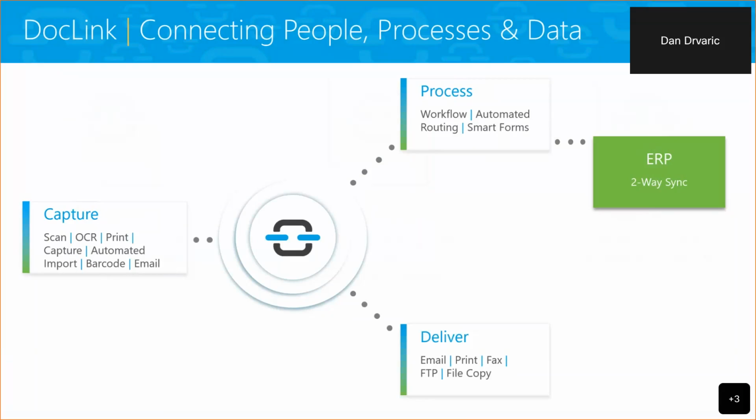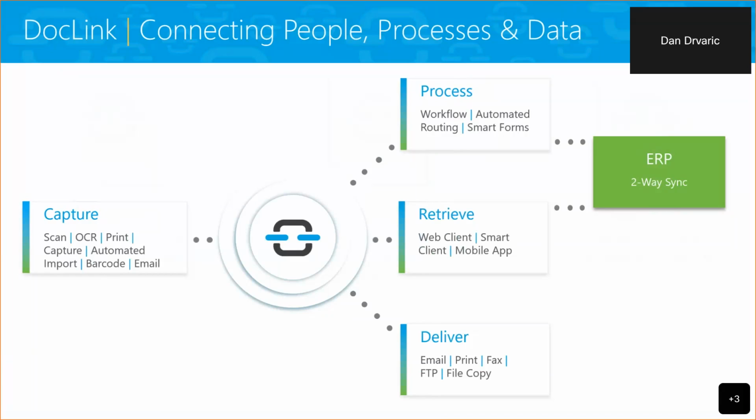As I mentioned, we can deliver the documents. We can deliver them via email. We can print them. There's any number of ways that we can deliver documents to those who need to receive them and read them. And when everything is all said and done, we have very powerful document search and retrieval capabilities.